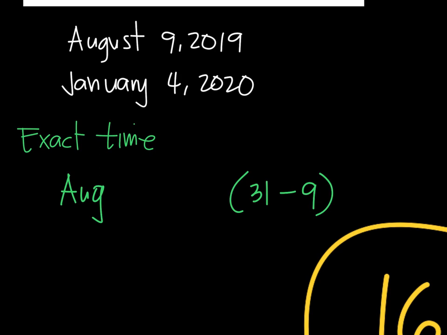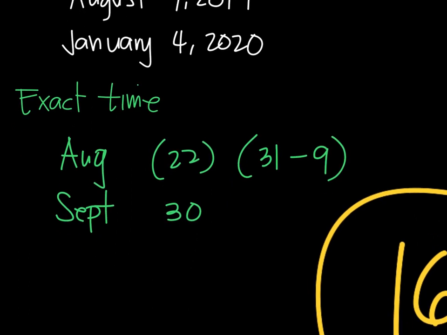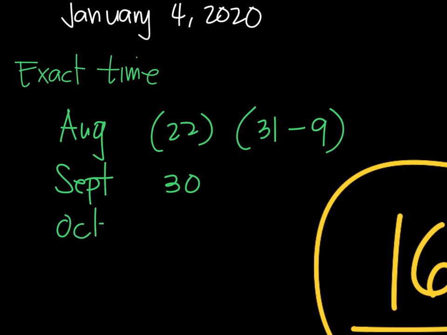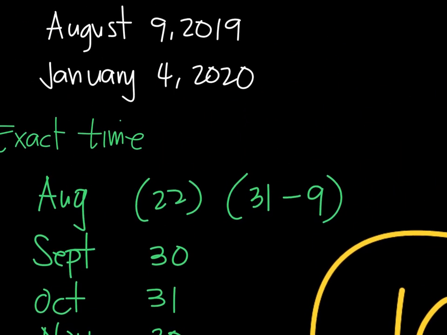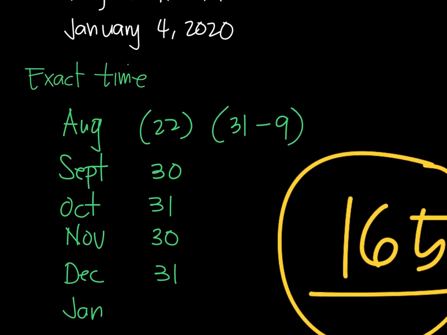So after August 9, we have 31 minus 9, and that is 22 days counted for the month of August. Now we run to September. September has 30 days, and then October has 31, November has 30, December has 31, and then in January we count until January 4, so that's 4 days in January.